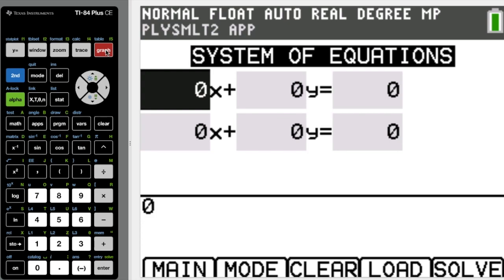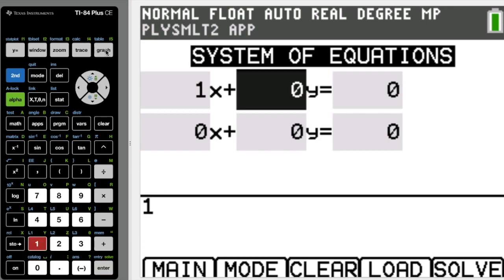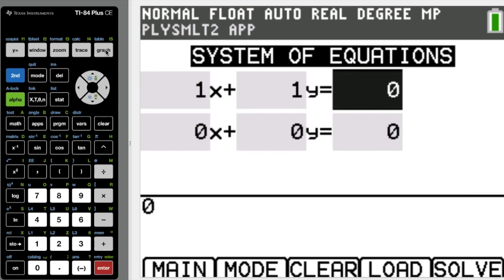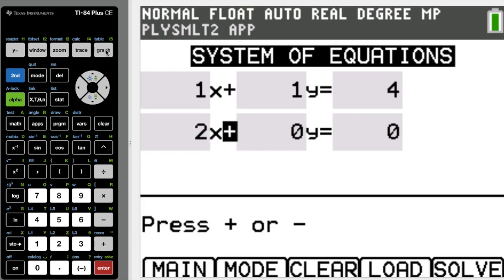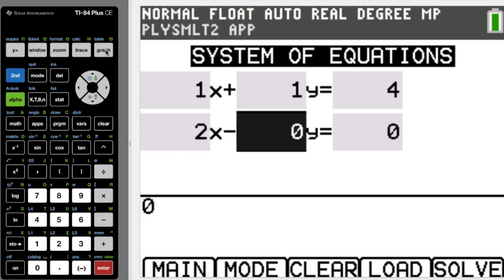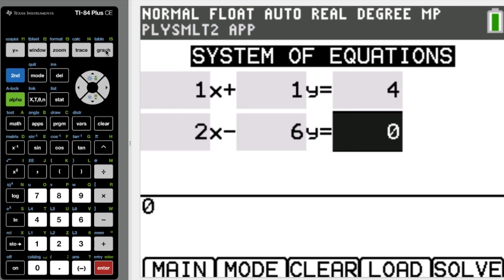Let's do something like 1x plus 1y equals 4 and 2x minus 6y equals -8. Okay, I'm just making that up. Oh, it's negative. I got to put this negation. There we go, -8. So there's my two equations, and what I'm doing is looking for that simultaneous solution of where they would cross.